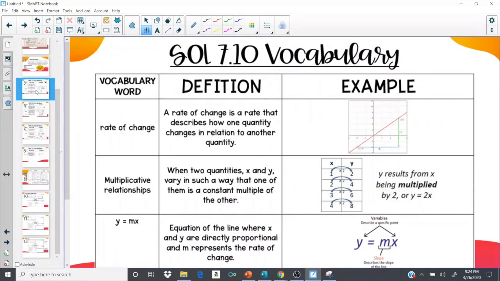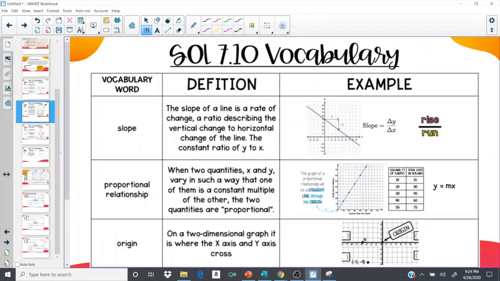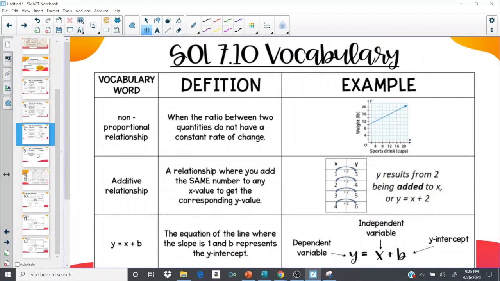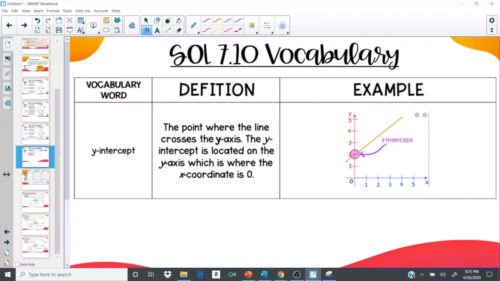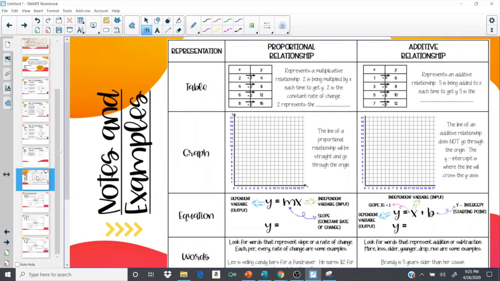So for your reference, I have vocabulary words for proportional and non-proportional relationships. So these are all the vocabulary words we've learned throughout SOL 7.10. So today our goal is to make connections among and between proportional and additive relationships.